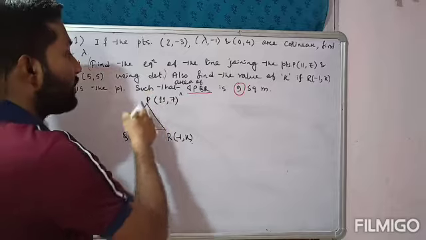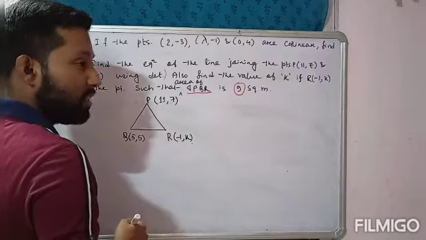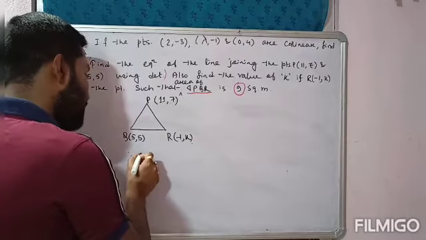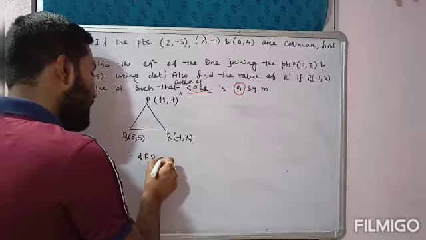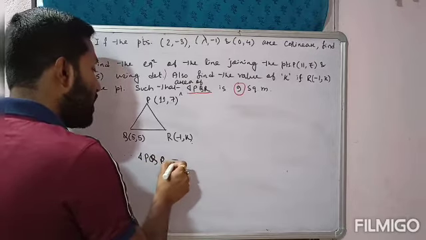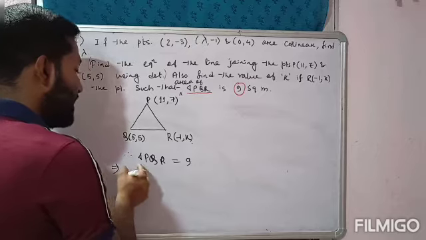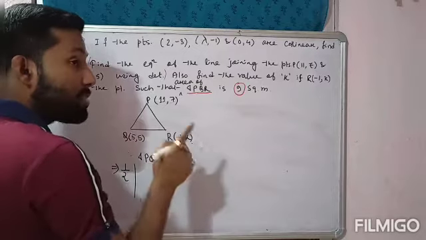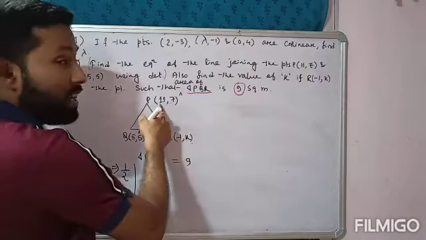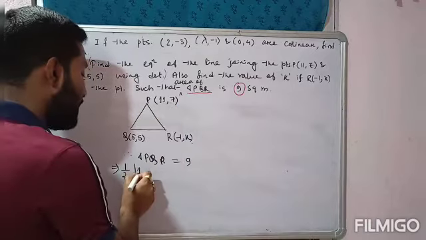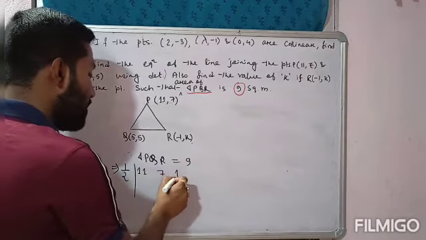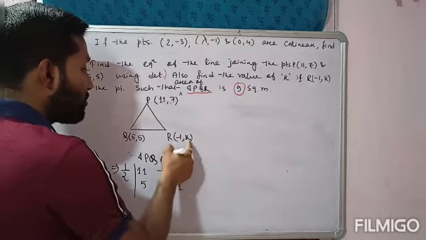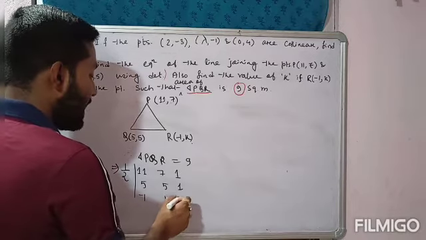So by using the concept of determinant, how can we find the value of K, because the area is already given? According to the question, area of triangle PQR is equal to 9, which implies the area of triangle formula is half of determinant x1 y1 1, x2 y2 1, x3 y3 1. So x1 y1 1 is 11, 7, 1; x2 y2 1 is 5, 5, 1; x3 y3 1 is -1, k, 1.